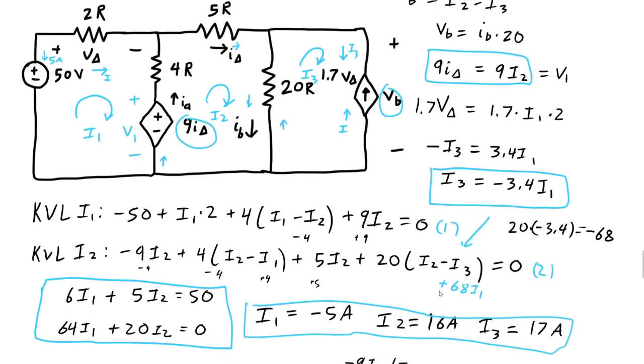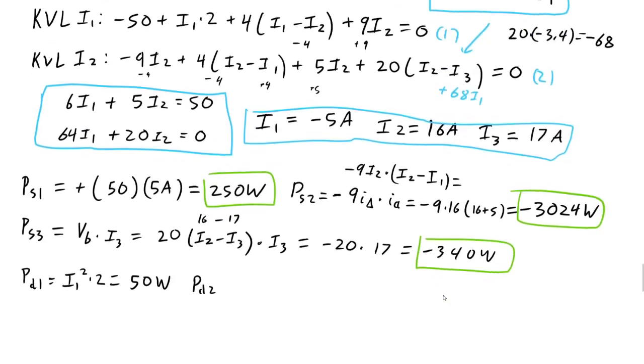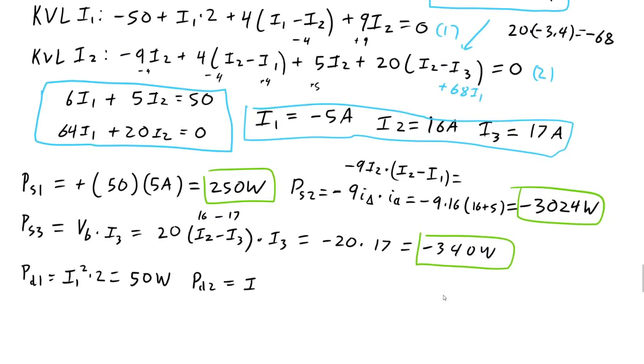PD2, let's see. I'll pick the 5 ohm resistor. So I2 squared times 5. So I2 is 16 squared, 256. 256 times 5 is 1280. Let's do the 4 ohm one now.